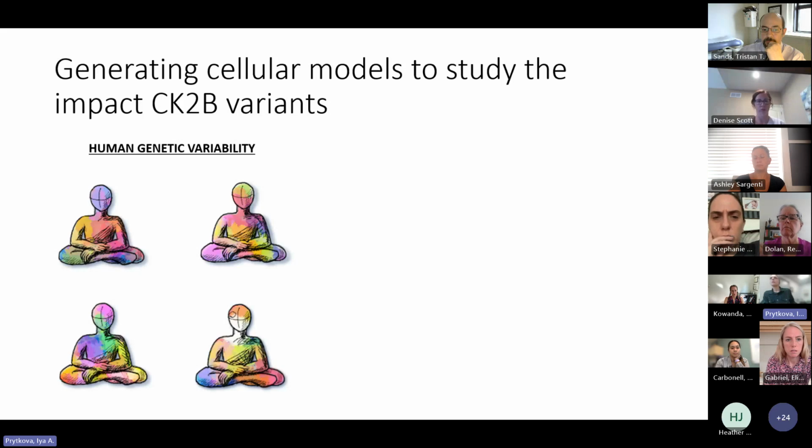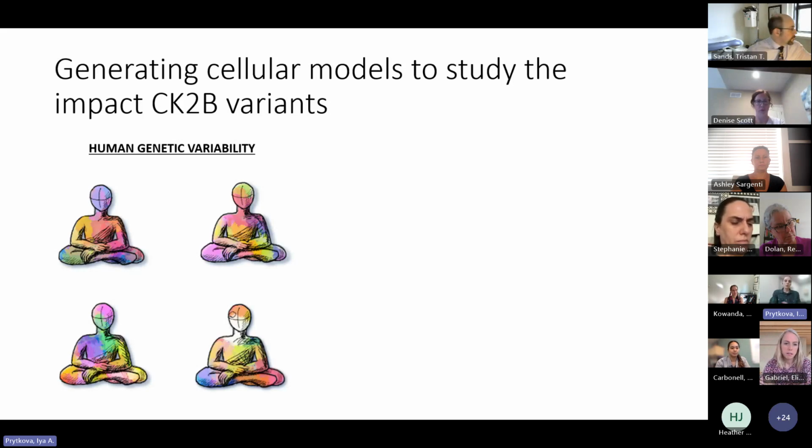So to come back to the point of variability, it is a big challenge in science because we like to have our experimental condition, our control condition, and only change one thing, whereas humans just don't work like that, right? We may look similar, but all of us have different genetic backgrounds and different ways that they interact with the environment.